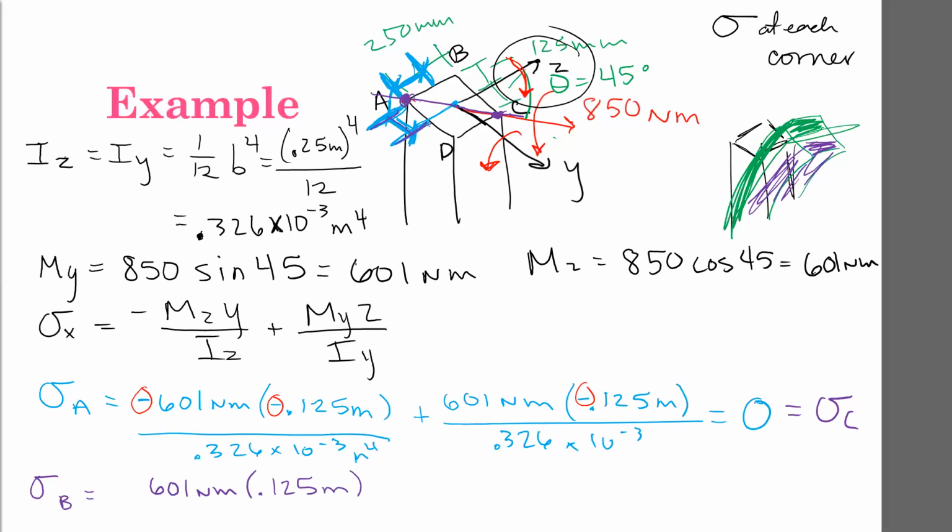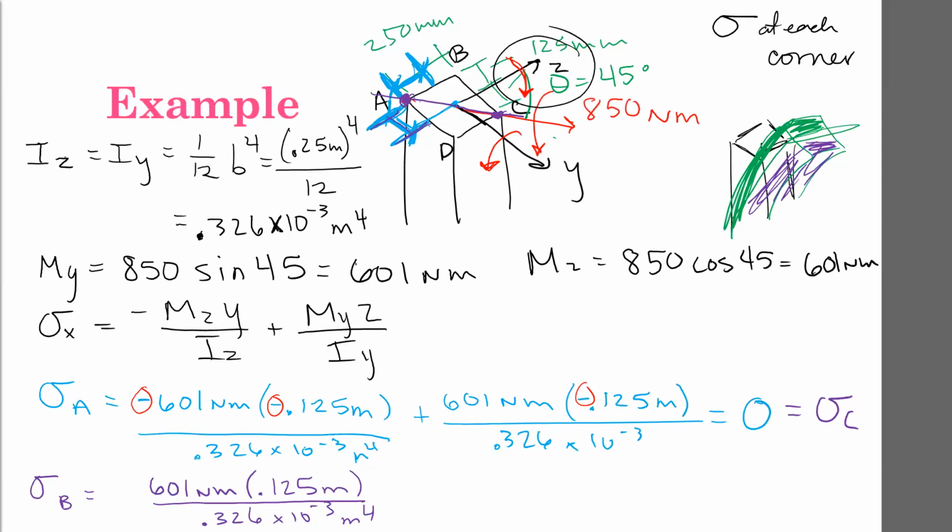We're leaving off any plus or minus signs. And then I is 326 times 10 to the negative 3. So now I look at this, I know that the magnitude is written there, but will that moment about Z cause point B to be in tension or in compression? Tension. Good, tension. So I'm going to leave this as a positive term. Okay.